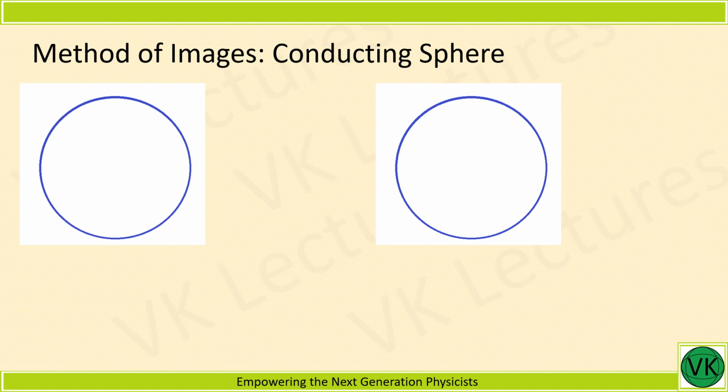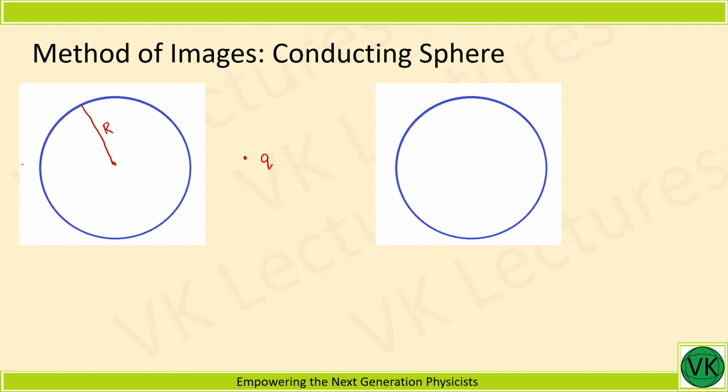Method of images for a conducting sphere. So here we have placed the charge q, and the sphere has a radius capital R, and 2 points we have to consider.